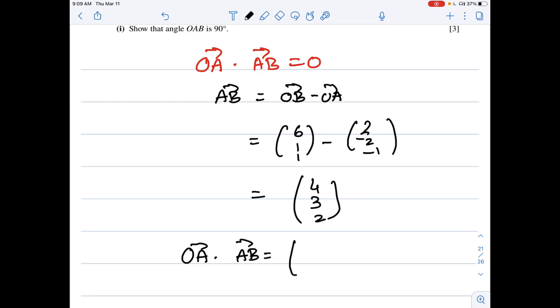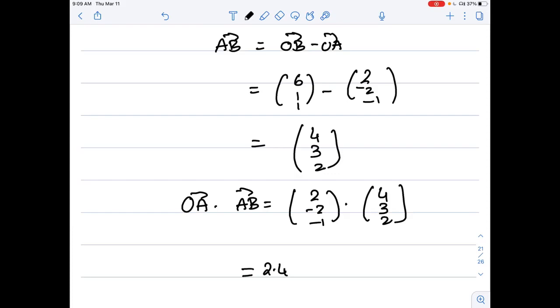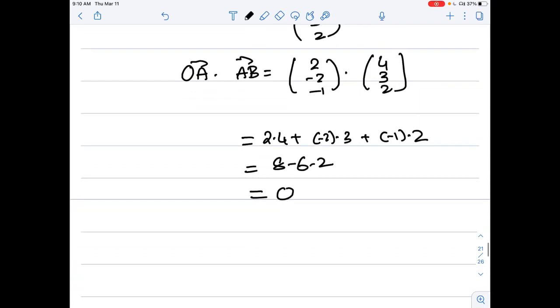OA is (2, -2, -1) dot AB (4, 3, 2). It becomes 2 times 4 plus minus 2 times 3 plus minus 1 times 2. So it becomes 8 minus 6 minus 2, which is equal to 0. So as OA dot AB is equal to 0, angle OAB is equal to 90 degrees.